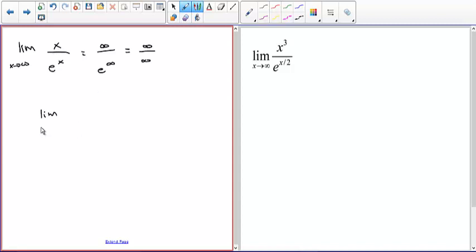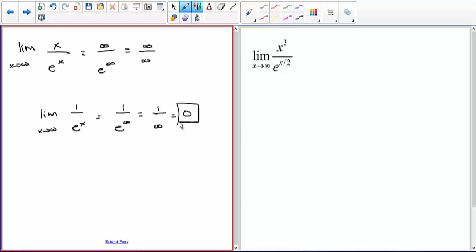So this limit is the same as 1 over e to the x, because the derivative of x is 1, and the derivative of e to the x is e to the x. Now if we plug in infinity, we'll have 1 over e to the infinite power, which is 1 over infinity, which is 0. So that's the answer.